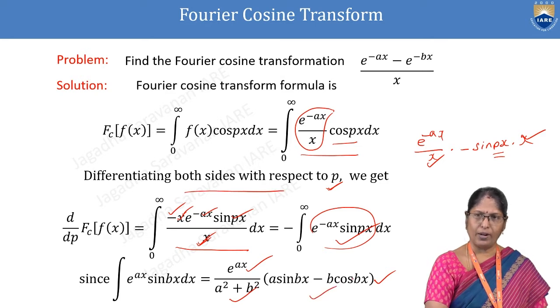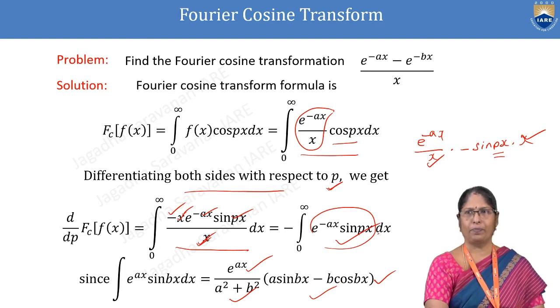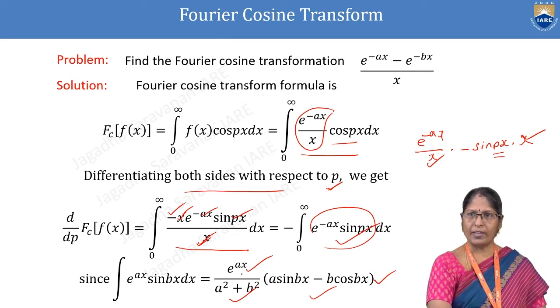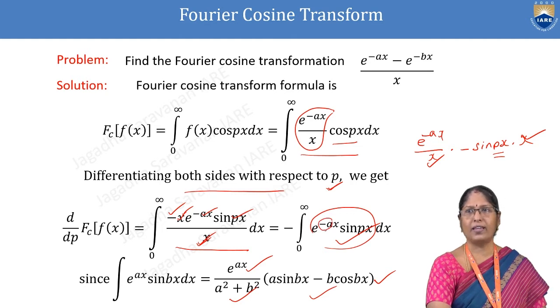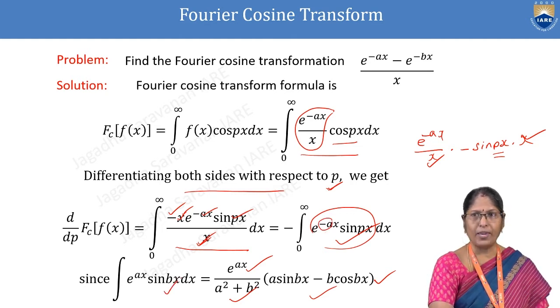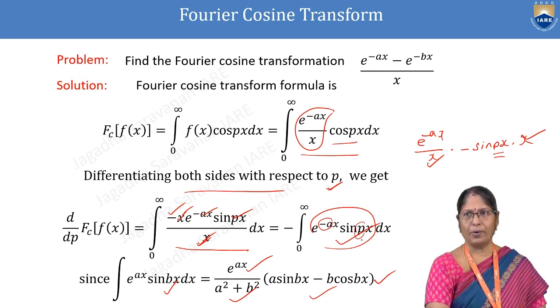Now this formula should be compared with our problem. If we compare, in the formula we have a, whereas in our problem minus a is there. In the formula b, but in our problem p is there. So according to that, we have to do it now.